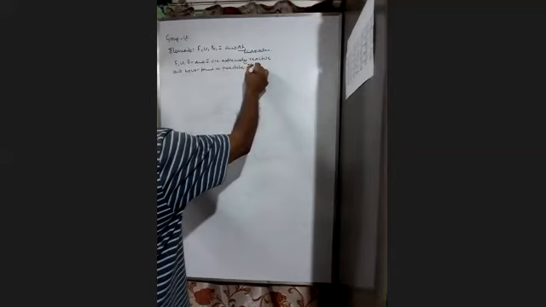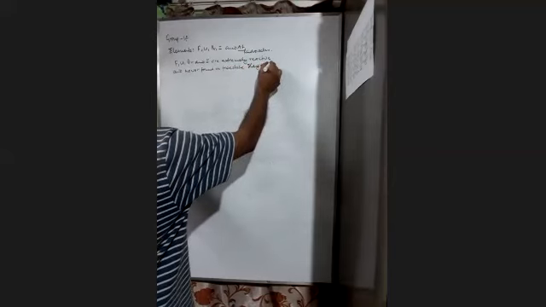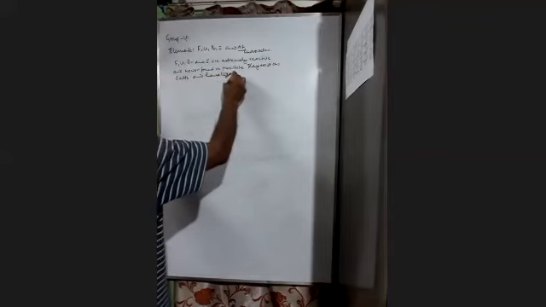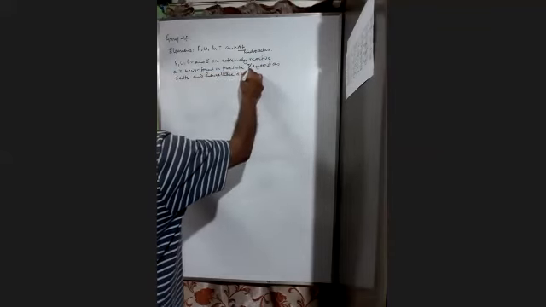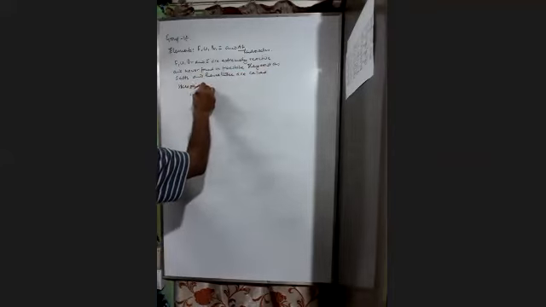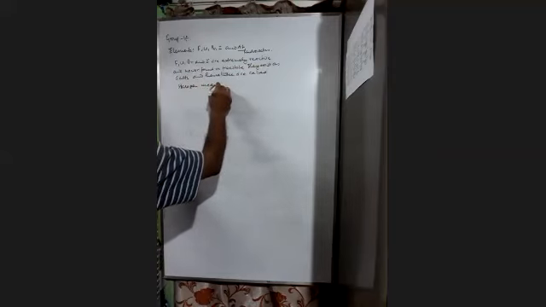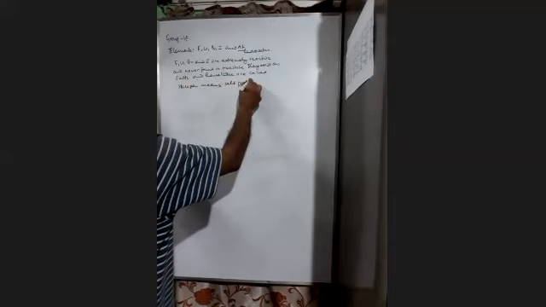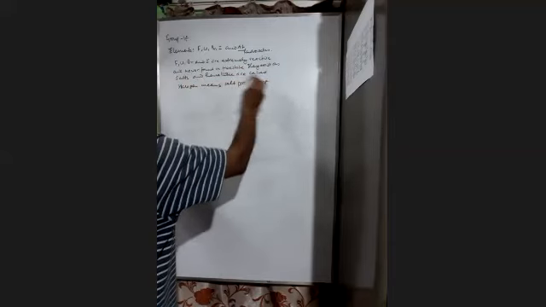They exist as salts and hence these are called halogen. Halogen means salt producing. Please remember the meaning of halogen. Astatine is not a halogen.